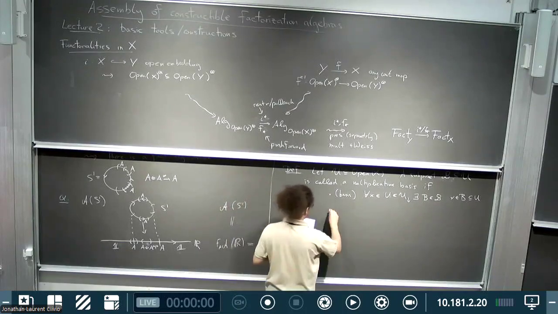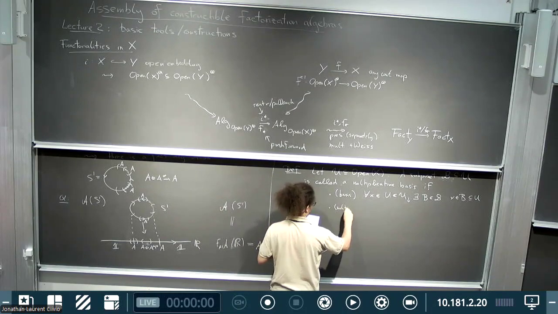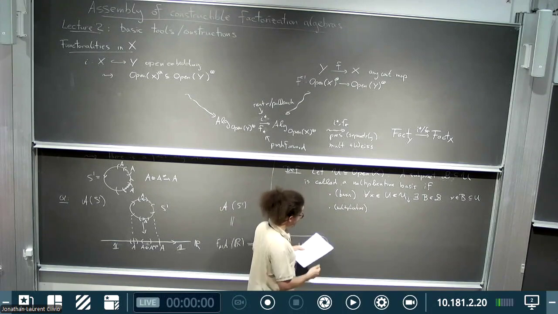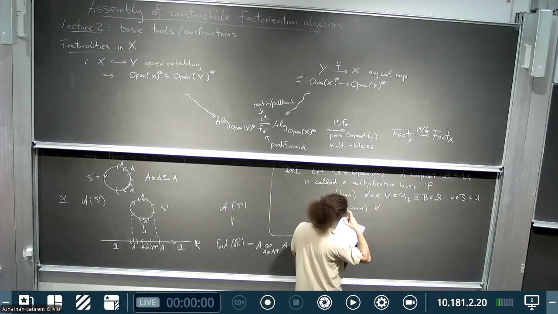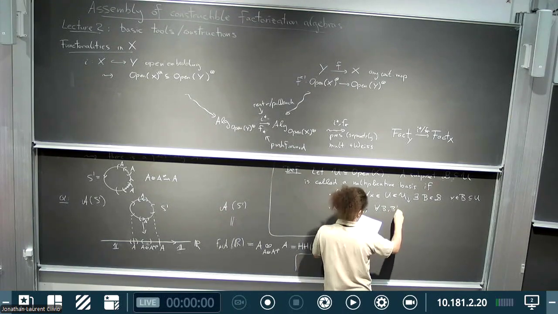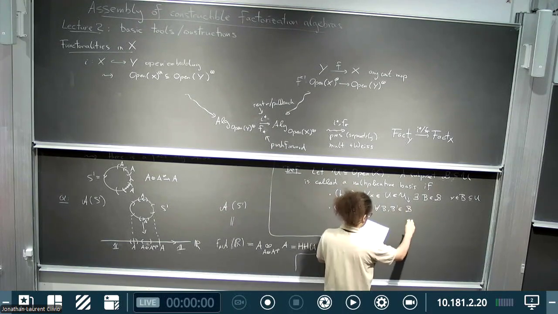And now the multiplicativity condition is basically saying that it's closed under disjoint unions, except we don't require it to be closed under all disjoint unions, but only under those that are subordinate to U. So let me write what that means.